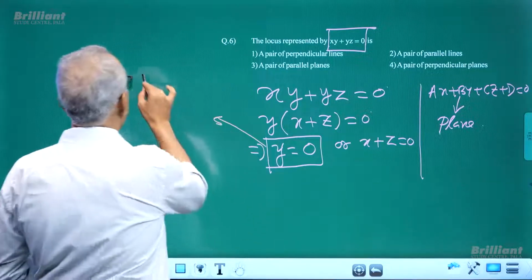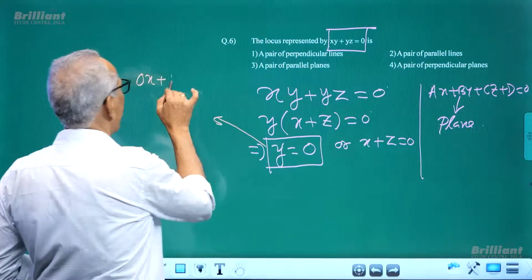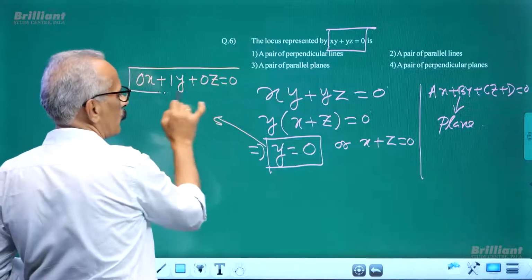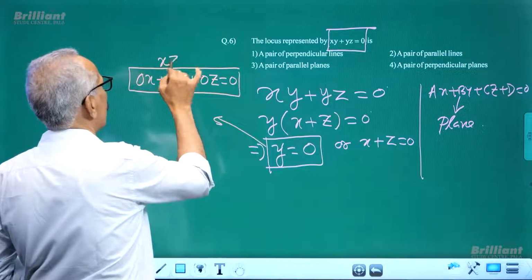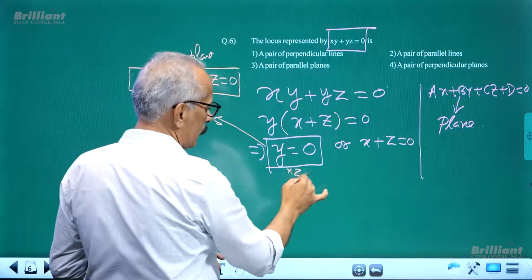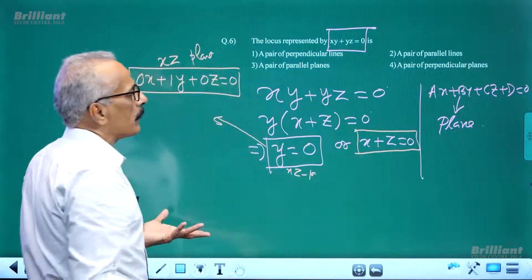Its equation will become 0x plus 1y plus 0z equal to 0. That is called the xz plane. Y equal to 0, xz plane. Now, another plane is this one. These are two planes, definitely.